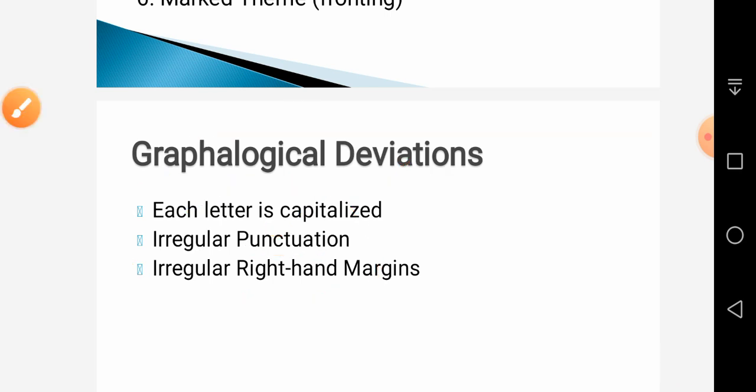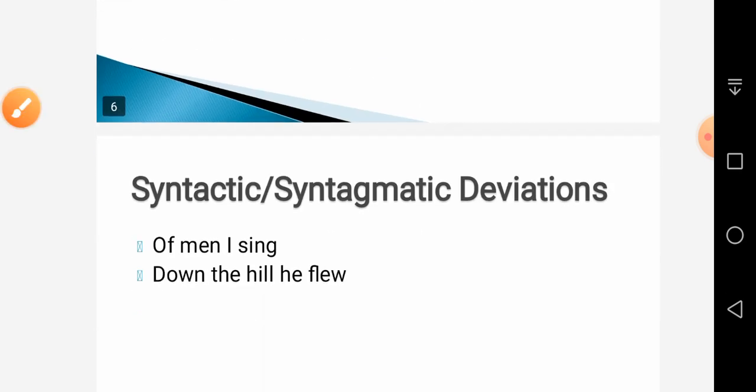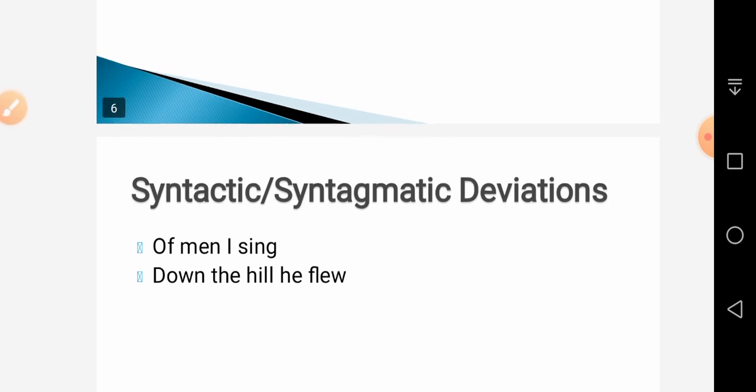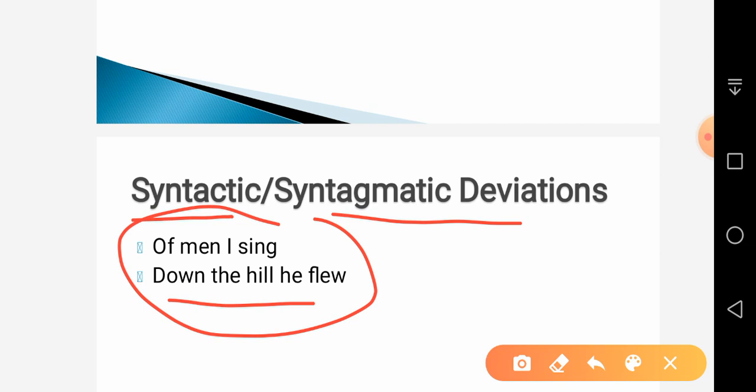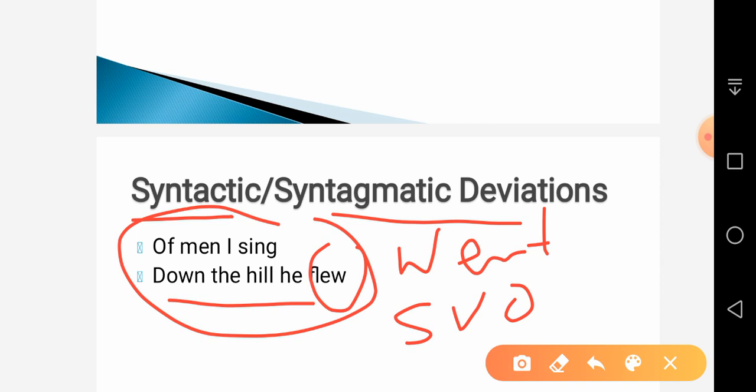Okay, then we have syntagmatic deviations, deviations related to syntax. So here are a few examples. Poets are in the habit of inverting word order, like down the hill he flew, down the hill he went. The usual word order is subject, verb, and object, like we say he went down the hill, adverbial.